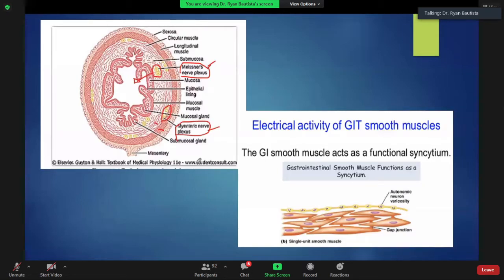But, as you know, your GI tract has an enteric nervous system, meaning it has its own signaling based on the hormones and secretions that are inside of your GI tract. So those 2 plexuses that we're talking about communicate with each other. Okay? So again, Meissner's is for glands, the secretions inside of your GI tract, and your myenteric plexus is responsible for the contraction of your smooth muscles.